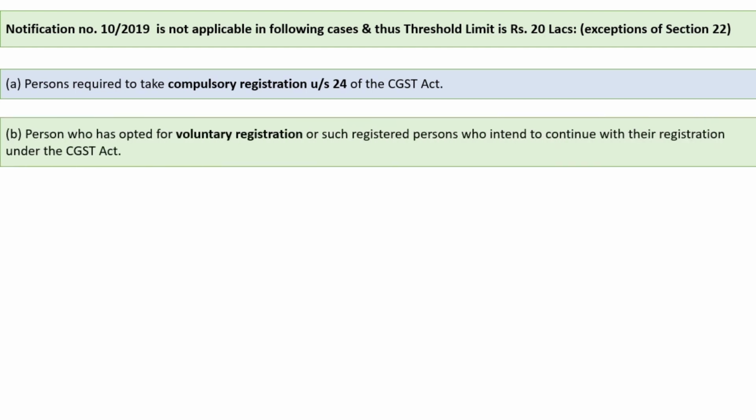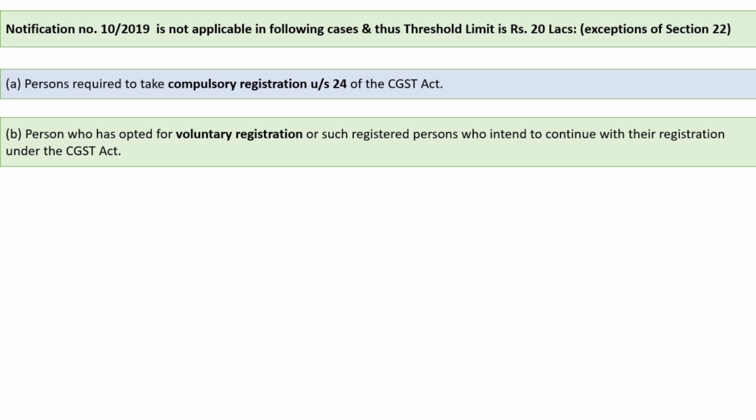Second one, a person who has opted for voluntary registration or such a registered person who intends to continue with their registration under the CGST Act. For example, if a person wants to obtain voluntary registration, or he is already a registered person and wants to continue with their registration under the CGST Act, then in this case also the limit is not applicable.